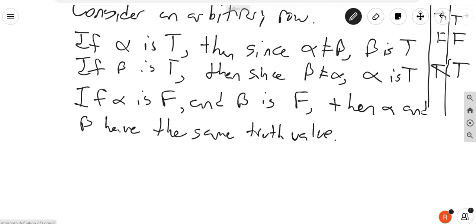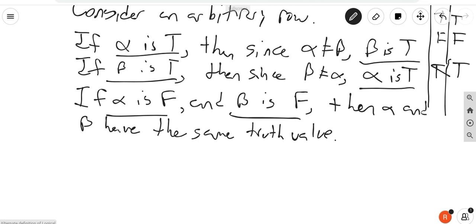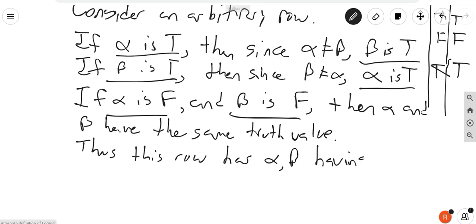And so now we have either alpha is true and beta is true, or alpha is false and beta is false. So we have cases, and in all of the cases, alpha and beta are going to have the same truth value. So thus, this row has alpha and beta having the same truth value.